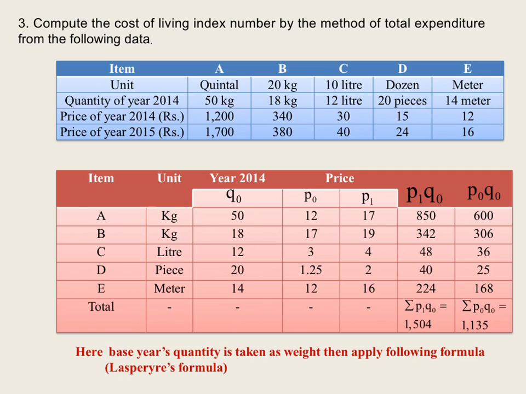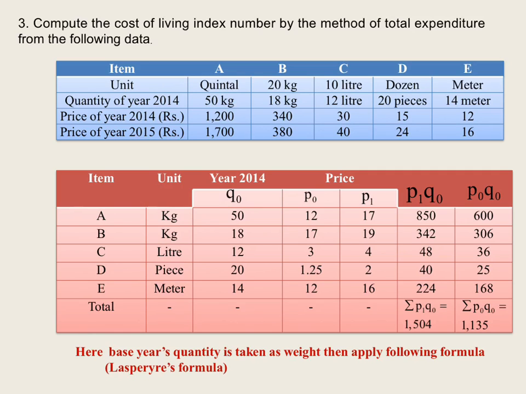So items A, B, C, D, E, with units. Now see the unit. The first item's unit is quintal, and quantity is given in kg. So what do we have to do?